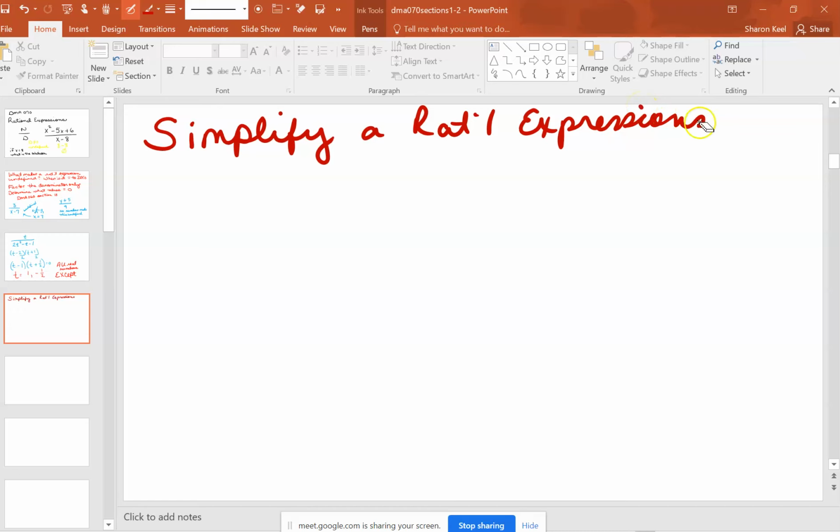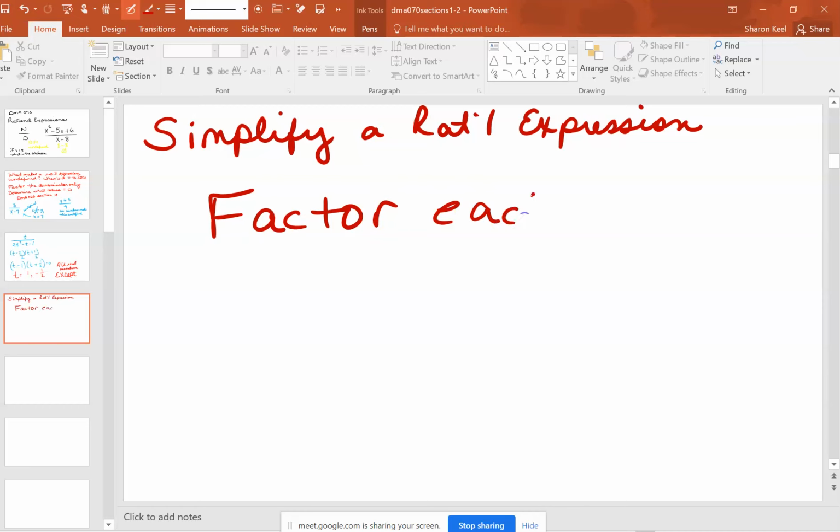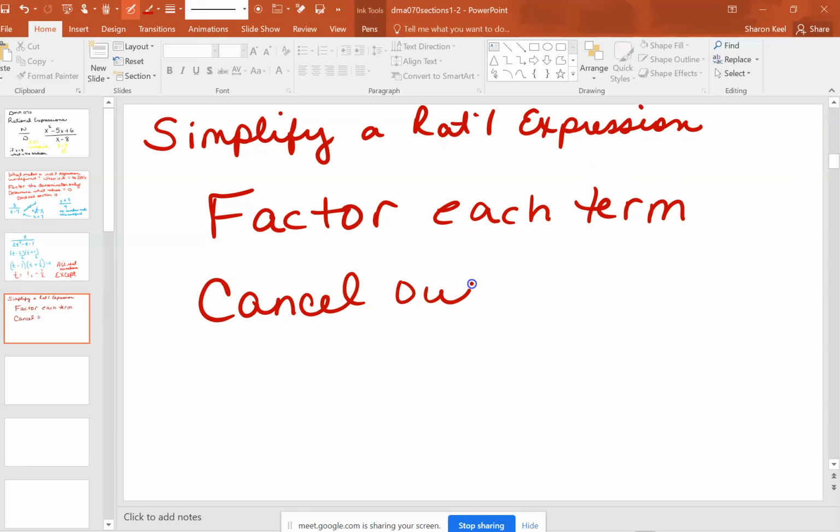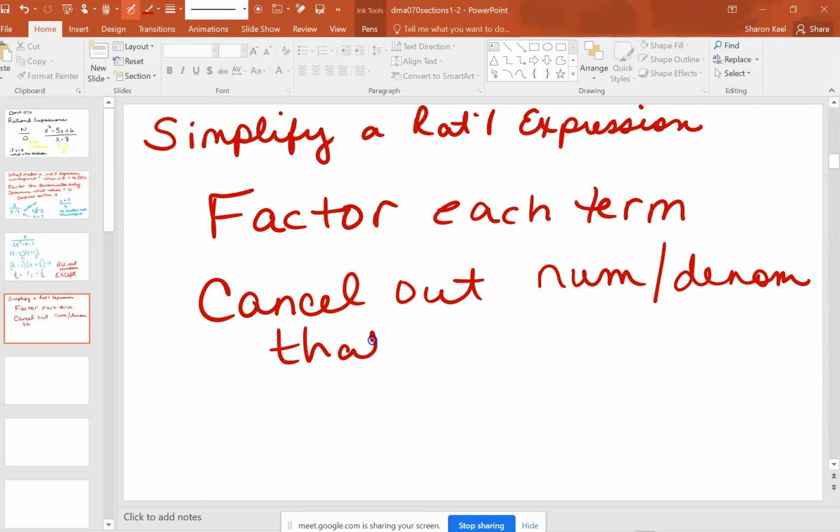When you simplify rational expressions, I lose things sometimes. What you're going to do is factor each term, and then you're going to cancel out whatever might be in a numerator, cancel out numerator, denominator that is the same.